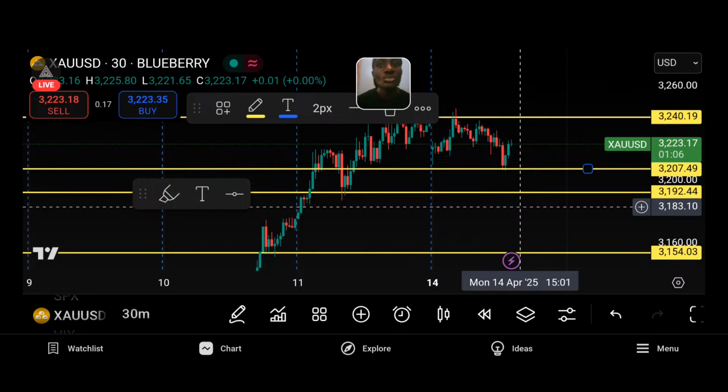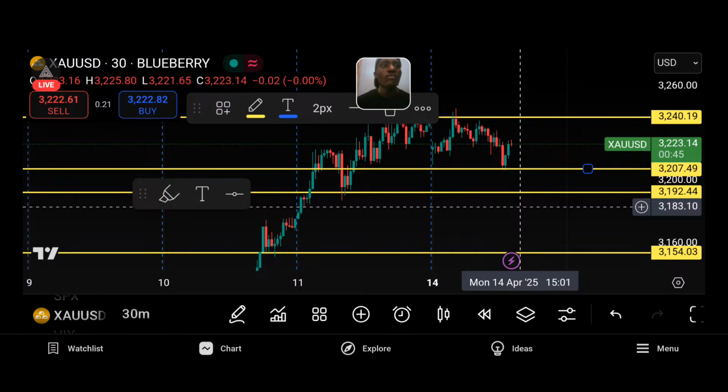Since today there's no news, you gotta be observing the candles, right? For volume, you want to be trading in the New York session. This is pre-New York, but in the New York session, there's going to be a lot of volume.